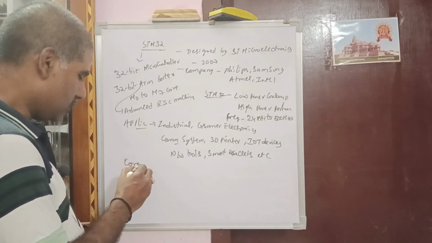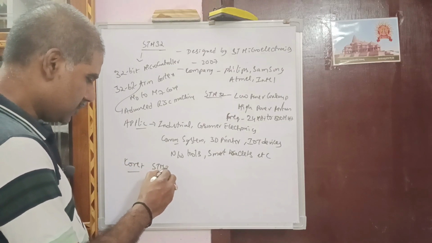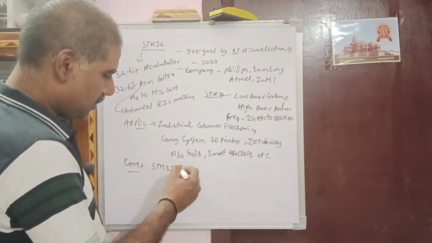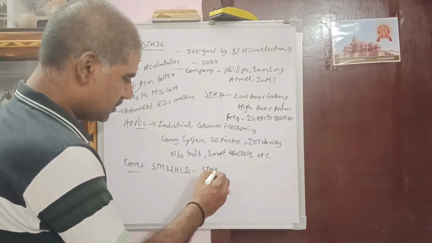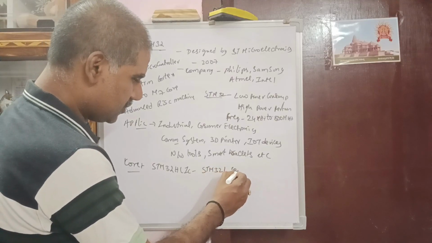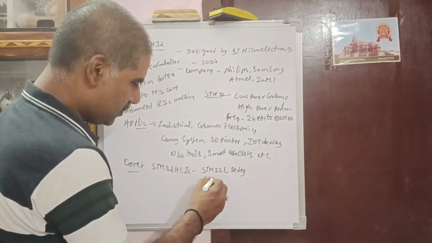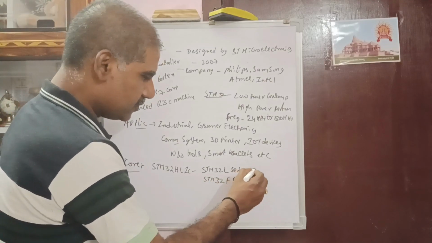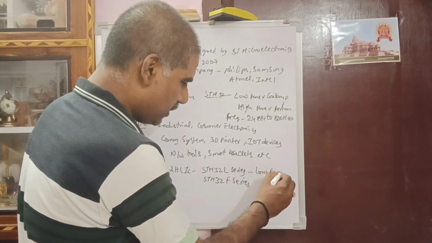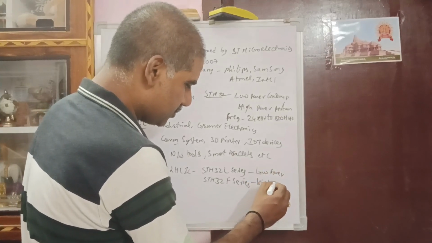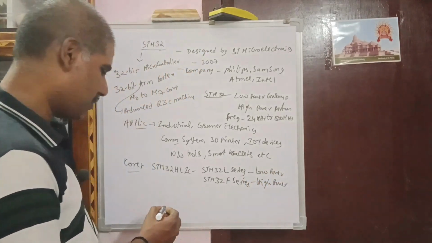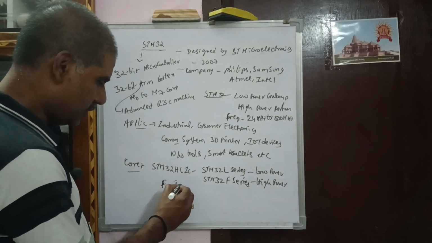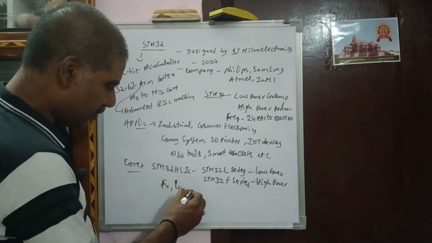In this, the core STM32, that is the first IC. Later STM32L series were there, then the STM32F series. L series were used for low power and H series was used for high performance. F4 and G4 were then developed.